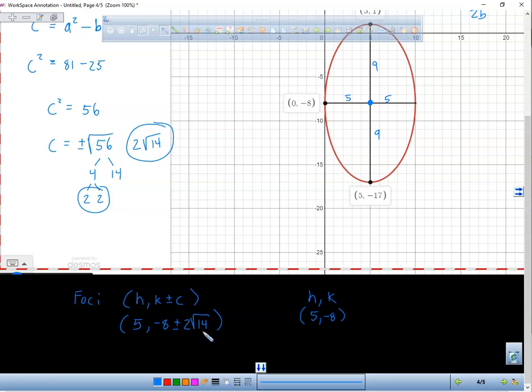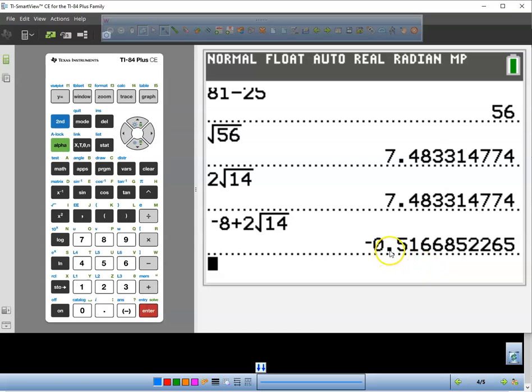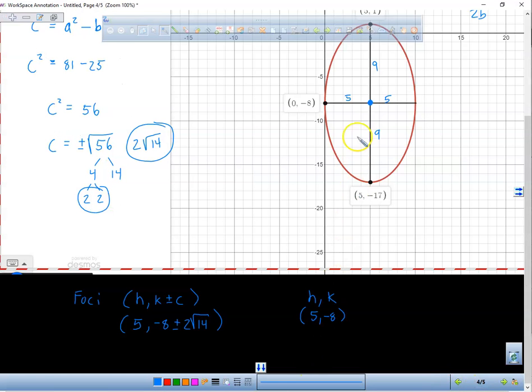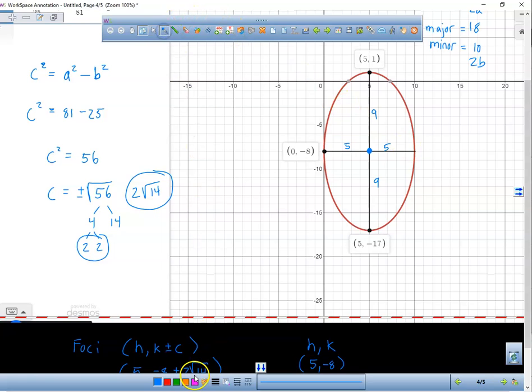We're going to plot them. We're going to estimate where they are. Okay? So could you guys help me right here? And we're going to do -8 plus 2 radical 14. So right now, what I'd like you to do, just in the calculator, -8 plus 2 radical 14. And we get what? Basically -1/2. So here's what I want you to do on your paper. I'm going to put it in purple for this lavender.